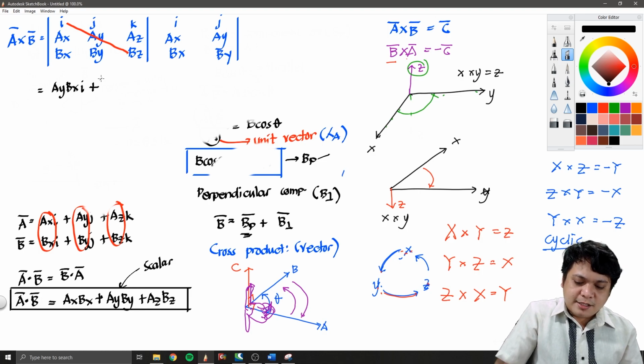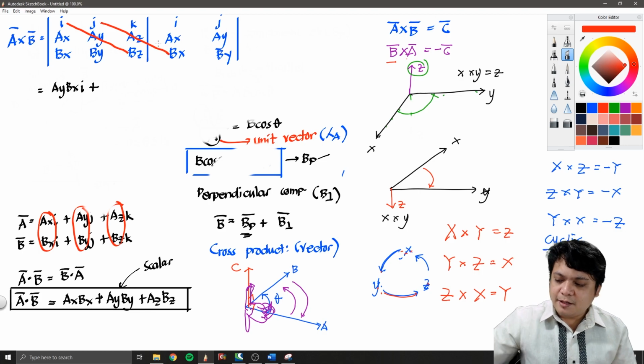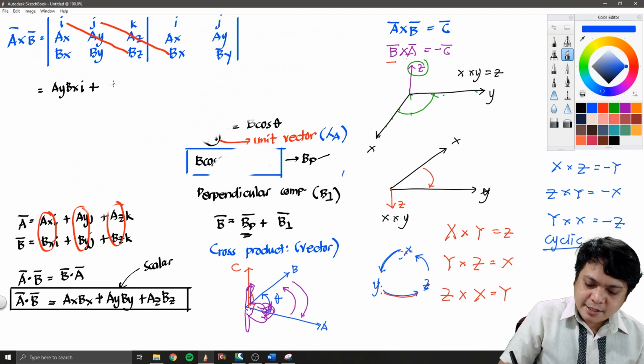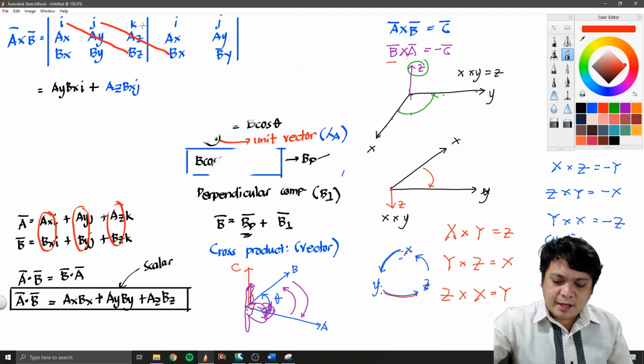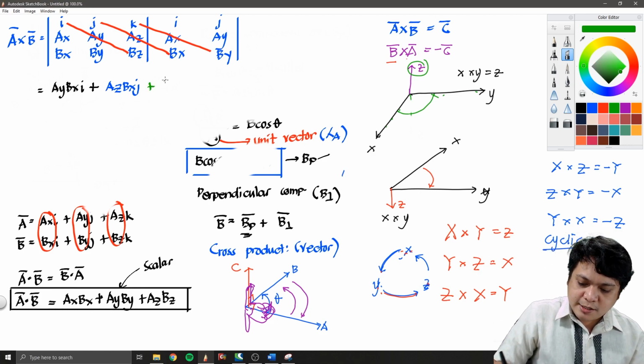And then plus, i-add natin to. Ito naman. So, you will be having here as AZ BX of J. And then next, we will be having here this one. So, plus AX BY of K.